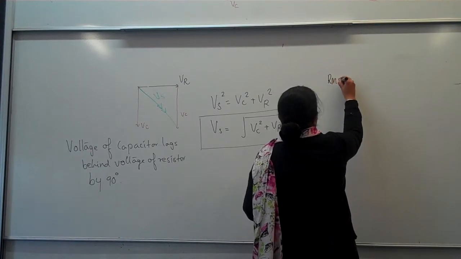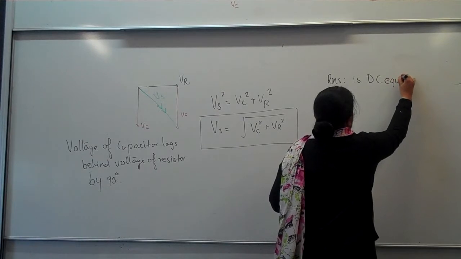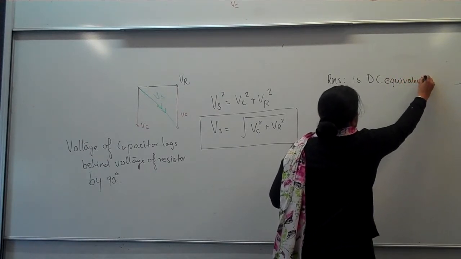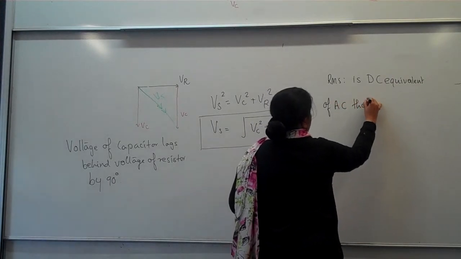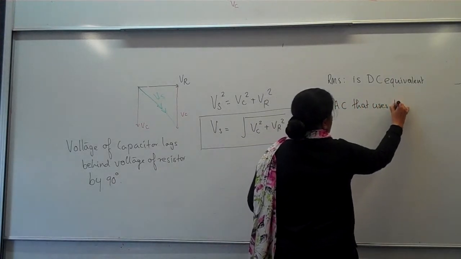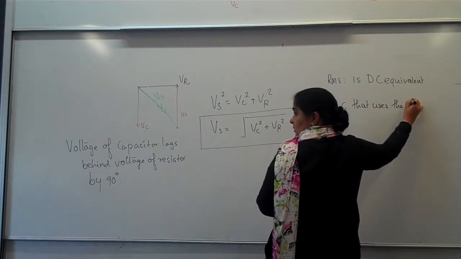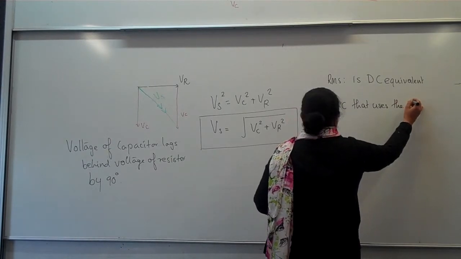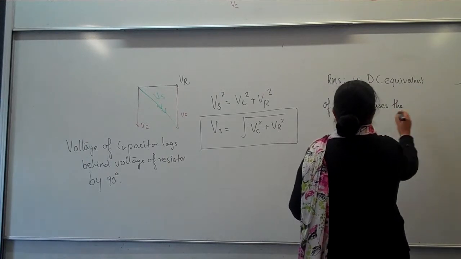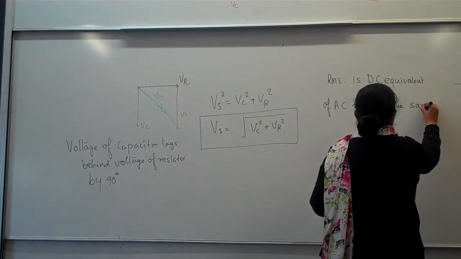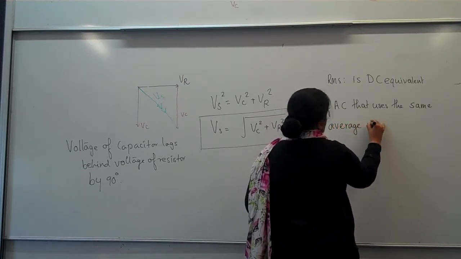RMS is the DC equivalent of AC that uses the same average power.